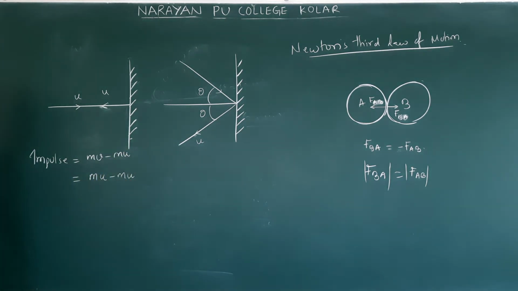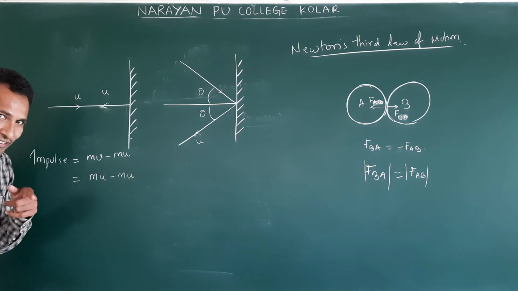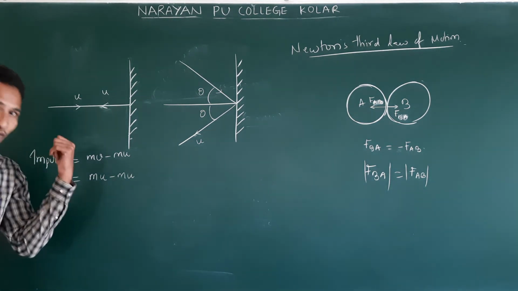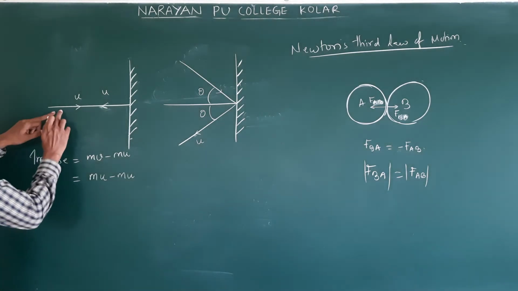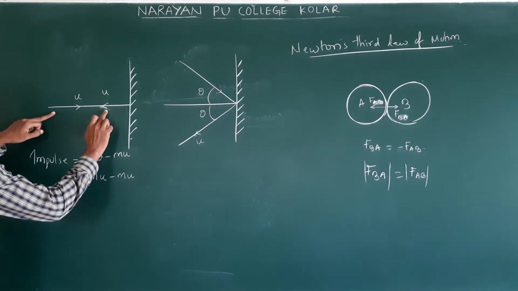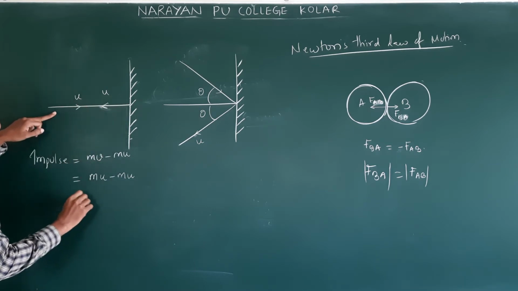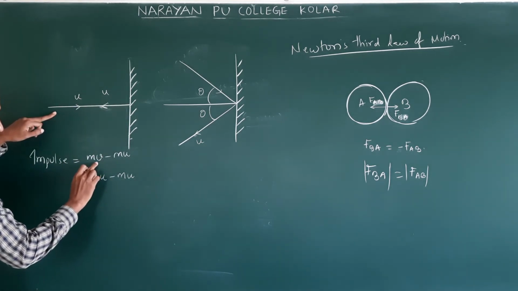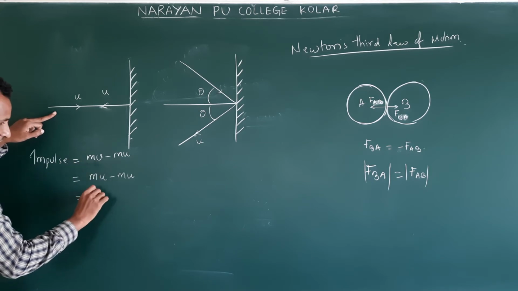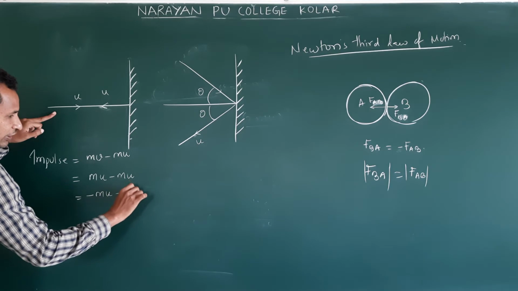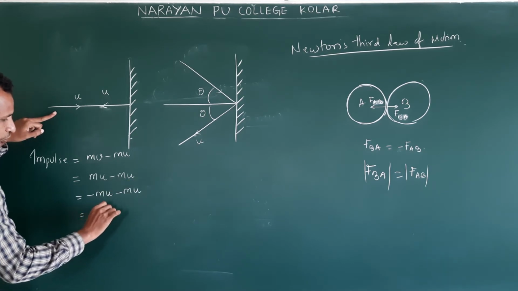What will happen? 0, right? Don't think so here. If you substitute the values, we will get 0. But we did not substitute the direction. Now we will write the direction. Initial direction, positive, no problem. But the final direction, when it is coming back, is opposite. So the final momentum is negative. So I can write minus mu, and this is already positive, so minus mu. Total minus 2mu.